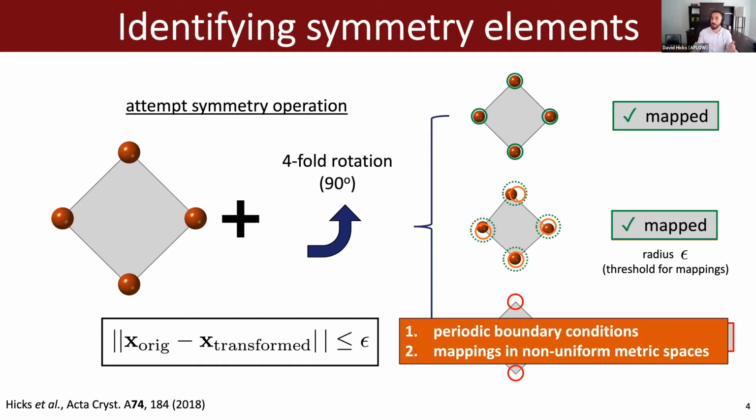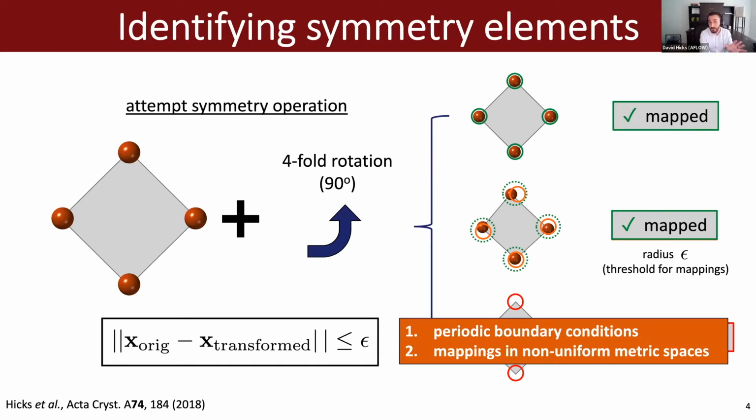But since we're working with crystals, there are some hurdles because we have periodic boundary conditions to battle with. Also, typically you represent the crystal in direct coordinates instead of Cartesian coordinates, which is a non-uniform metric space in general. This complicates things with mappings.